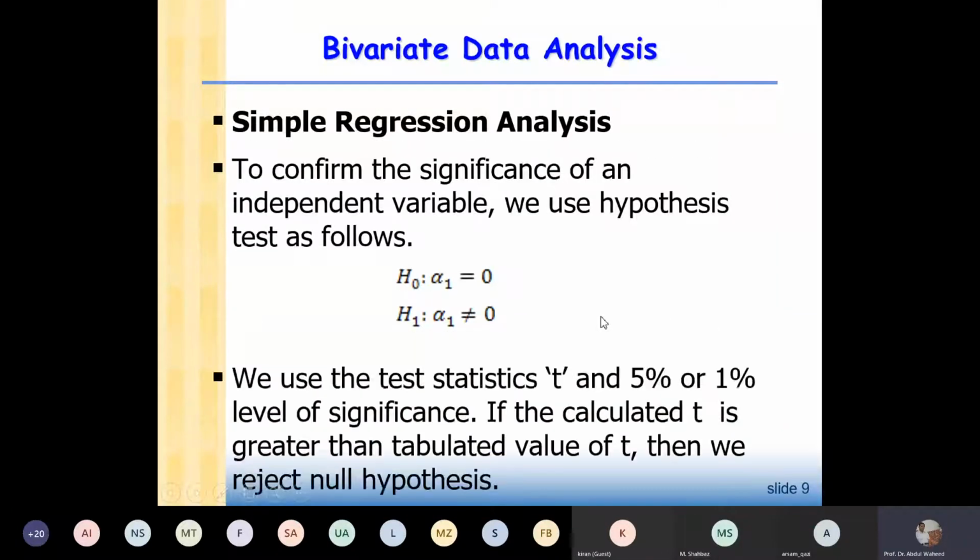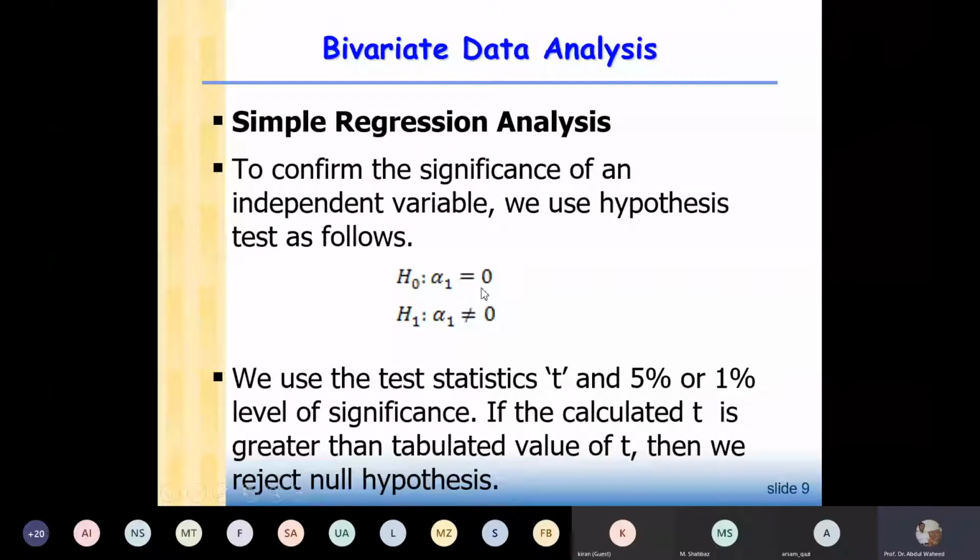And then once we get the estimated value, we have to apply this test to confirm the significance of an independent variable. So our null hypothesis is that alpha 1 equals 0.